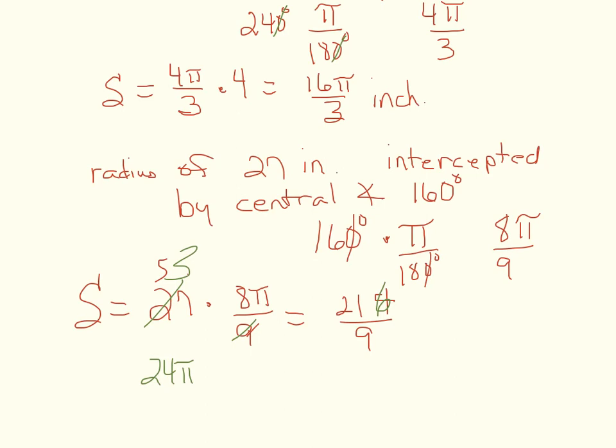Addie? Well, it has to be a central angle, and it has to be in radian measure. So if you're given an angle in degrees, you have to change it to radian measure.